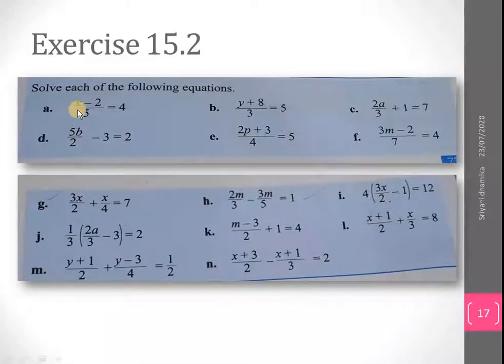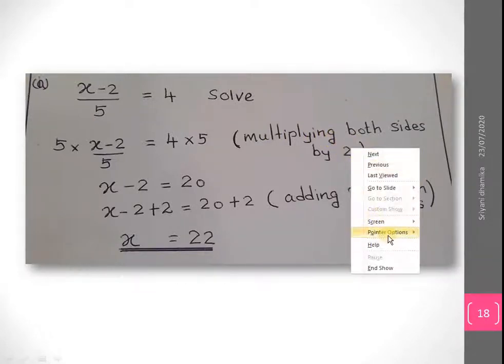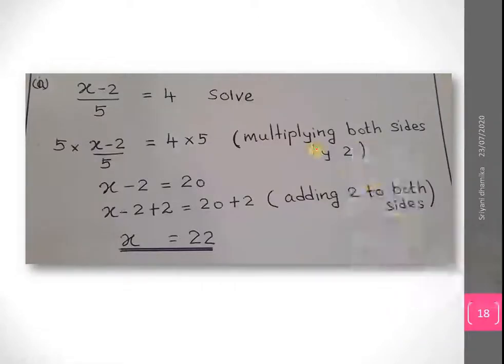Now see the first question: x minus 2 over 5 equals 4. Then we have to remove this 5. The inverse mathematical operation of dividing by 5 is multiplying both sides by 5. Then we can write this step as multiplying both sides by 5, because this denominator is 5.